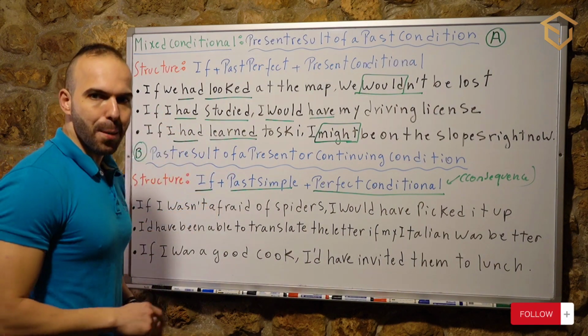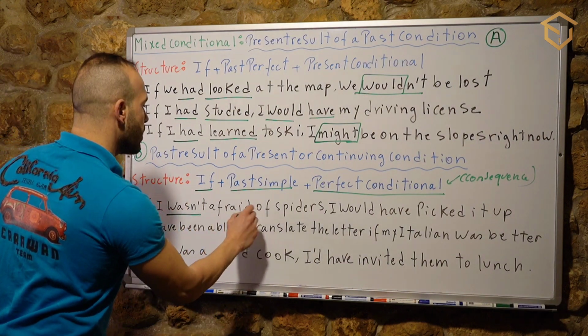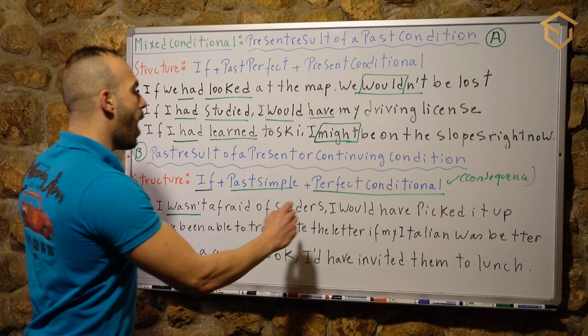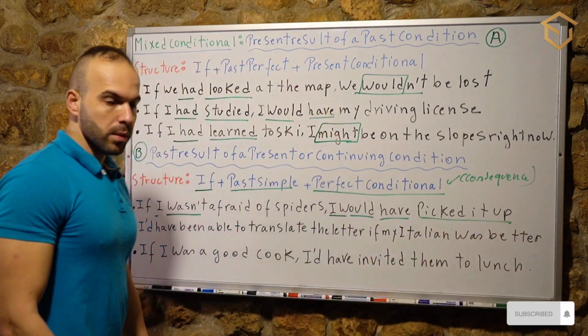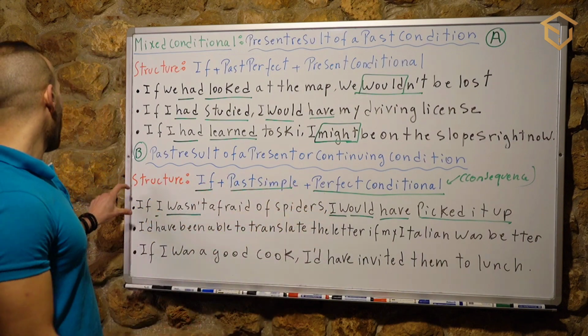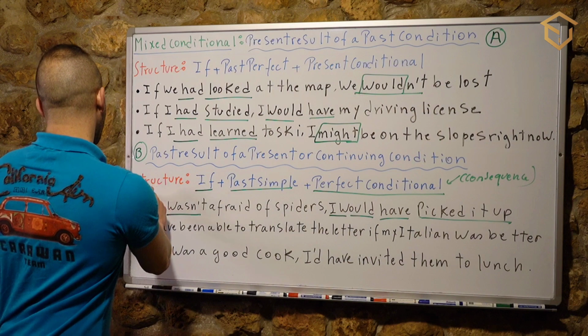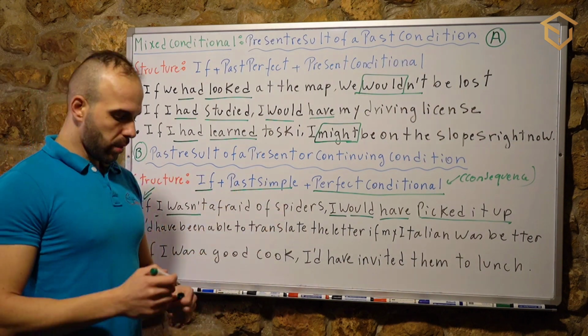Let's jump into an example. If I wasn't afraid of spiders, I would have picked it up. The first half of the sentence, where we have the conjunction if, says if I wasn't afraid of spiders.